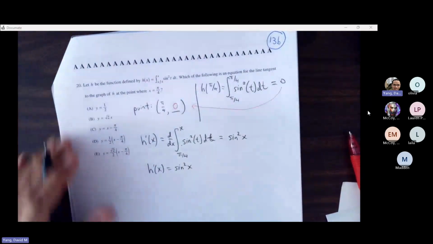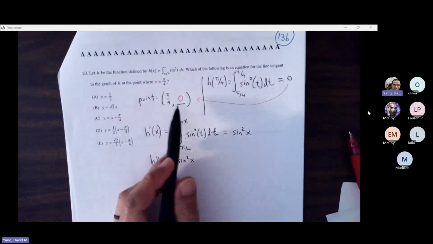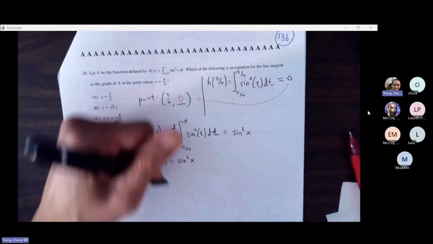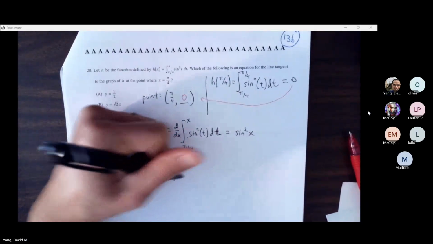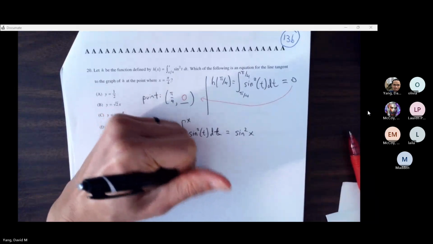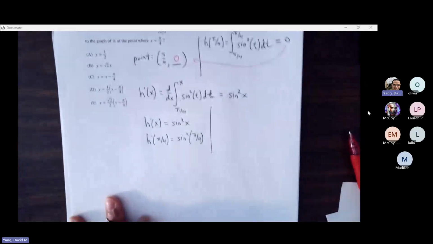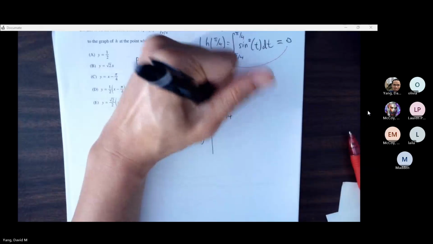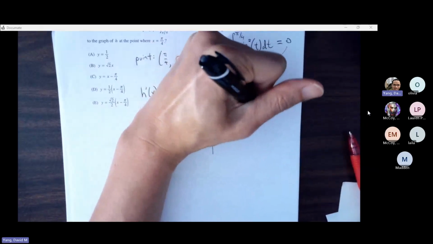So now if we want to find the derivative at x equals pi over 4, just plug pi over 4 into x. So that's really the same thing as saying sine of pi over 4 quantity squared.